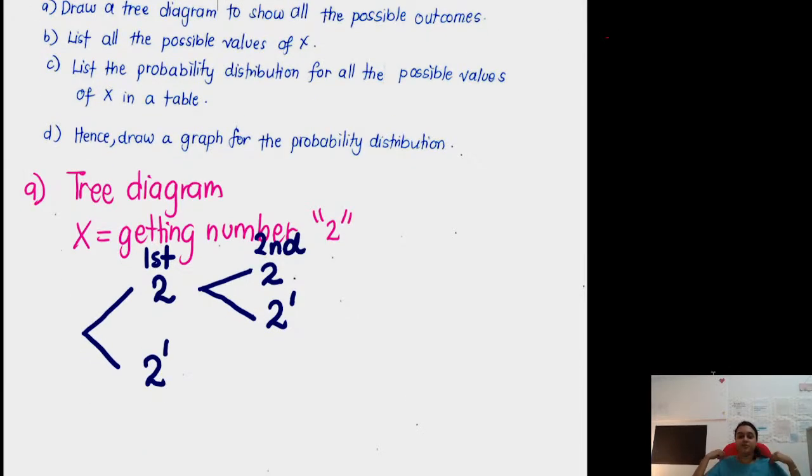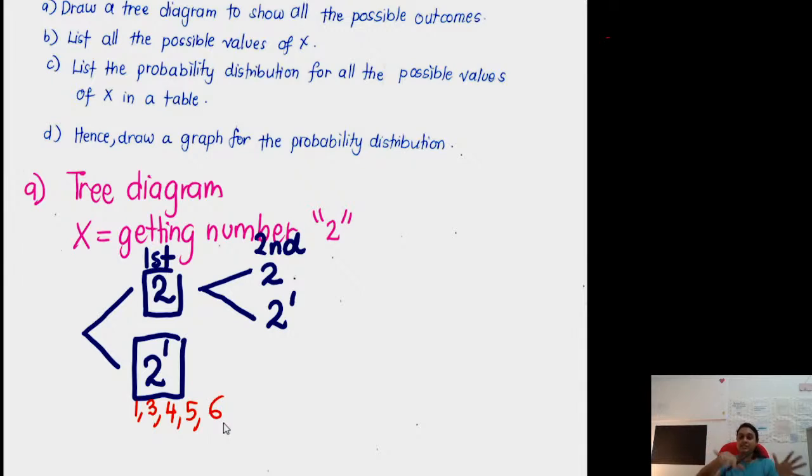Okay. So the first one we get number 2, or maybe you don't get number 2. If I don't get, teacher write as 2 prime. 2 prime is easier. I don't want to write long, like maybe 1, 3, 4, 5 or 6. So you just write 2 prime.